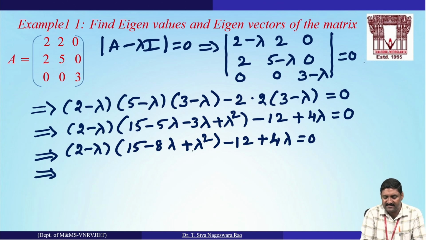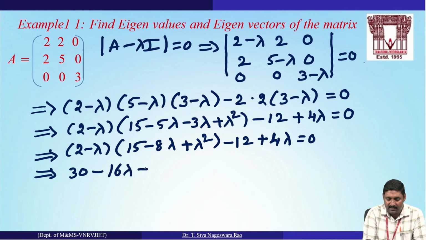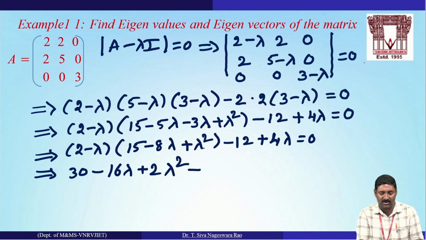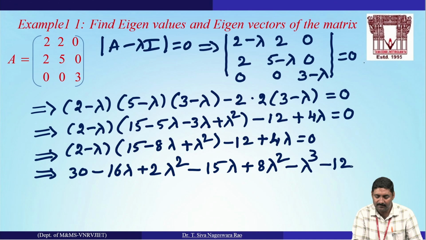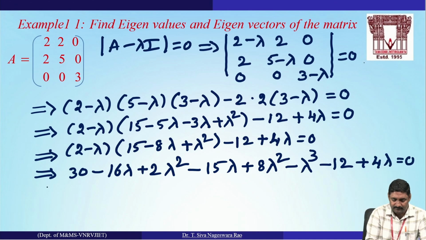Now I will multiply this quadratic polynomial with this linear polynomial, that is 2 multiplied with the whole quadratic polynomial: 30 minus 16 lambda plus 2 lambda square. Now again I will multiply this quadratic polynomial with minus lambda: minus 15 lambda plus 8 lambda square minus lambda cube, minus 12 plus 4 lambda is equal to 0.